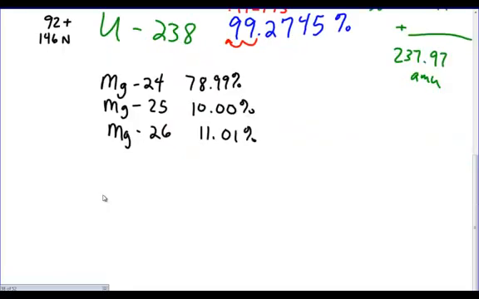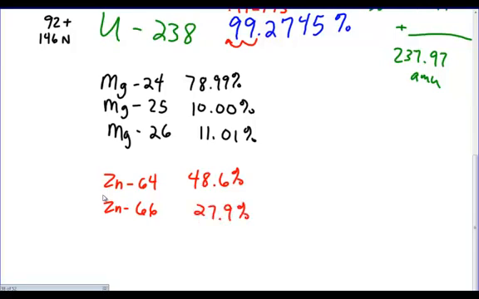Okay, and one more for your notes. I want to see what your answer is when you come to class tomorrow. Zinc 64 at 48.6%. Zinc 66 at 27.9%. Zinc 67 at 4.1%.